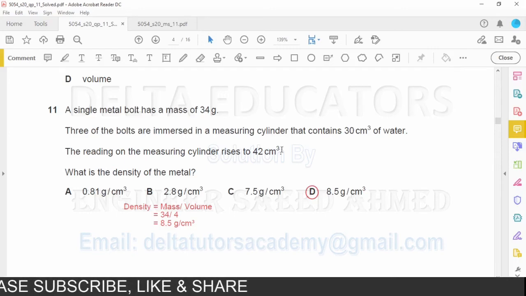For 1 bolt, it will be 12 divided by 3, which is equal to 4. So we can say volume of 1 bolt is equal to 4 centimeter cube. Now mass is given 34, volume is 4. So 34 over 4, it is 8.5 gram per centimeter cube. That is given in option D. So correct option is option D.